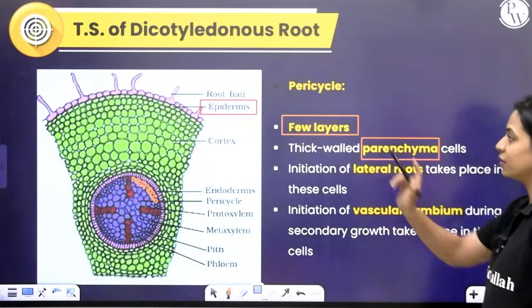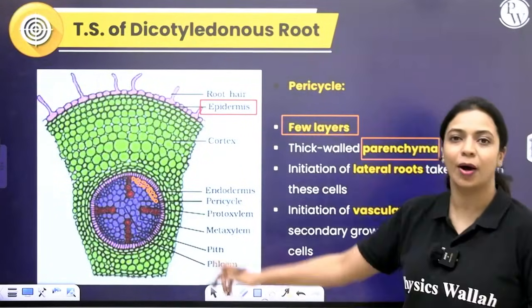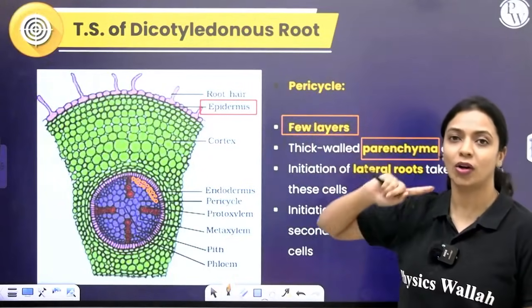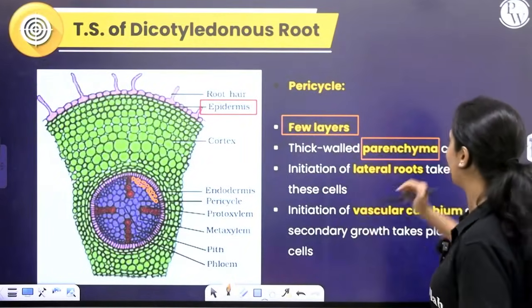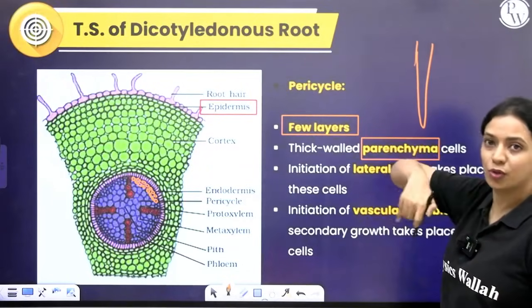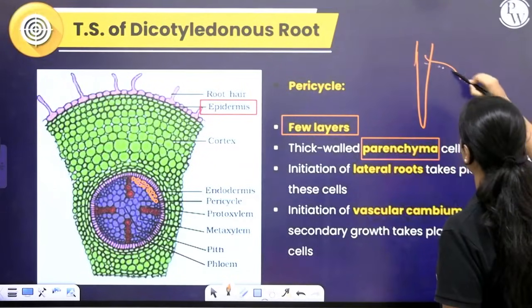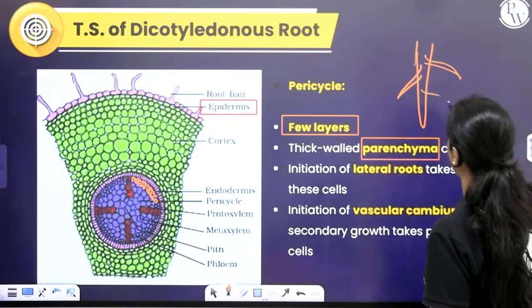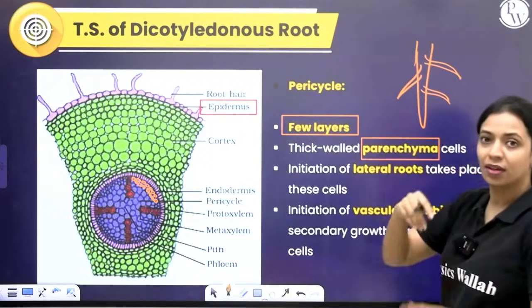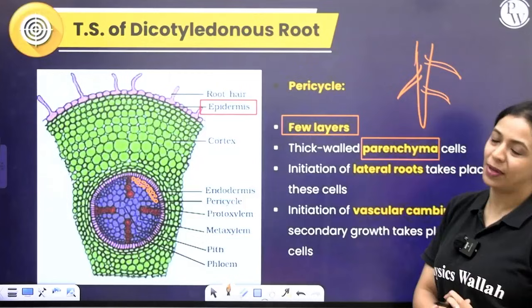Okay, now there are two important points about root, especially dicot root pericycle. In dicot roots, we see taproot system. So you have the primary root. From the primary root, secondary roots or lateral roots will branch out. These lateral roots that branch out will get initiated from the pericycle.